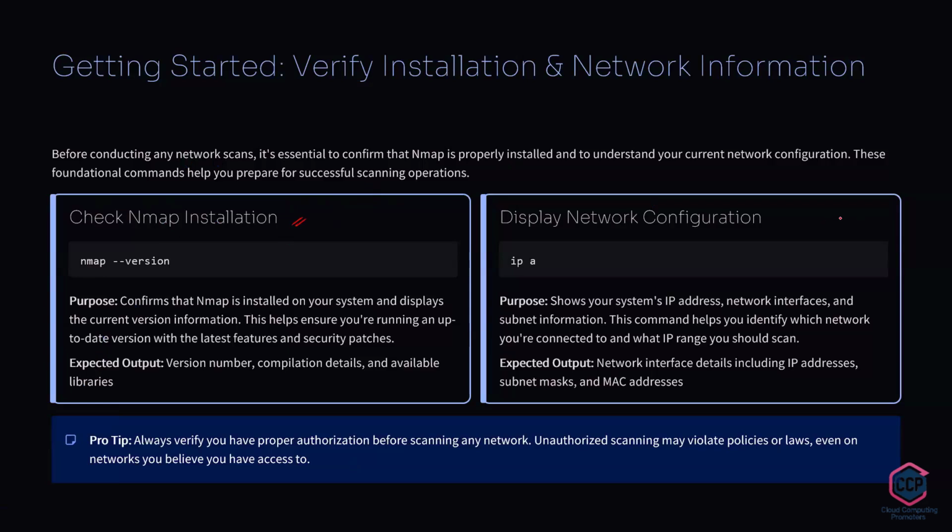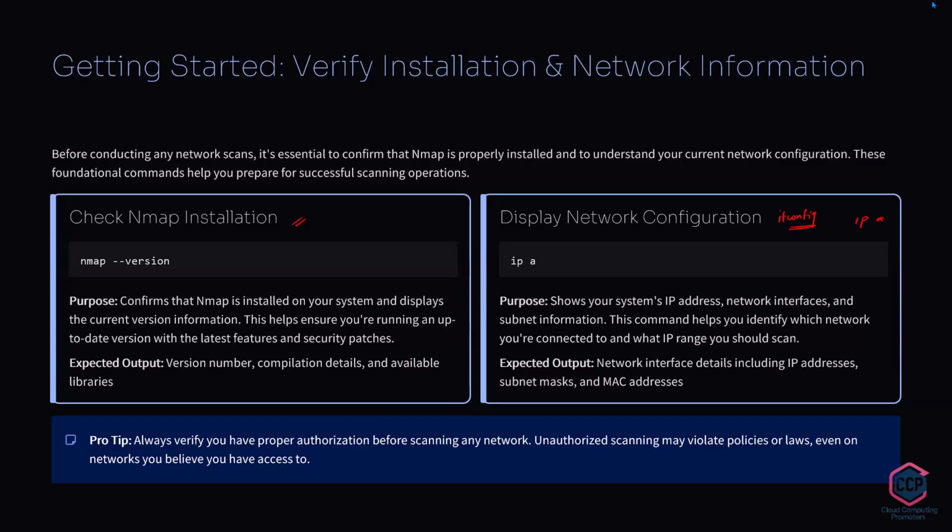Then this one is used to display network configuration, IP a. As we type ifconfig in Windows, here we can type ip space a, where it will show your system IP addresses and network interfaces. We can also test that.